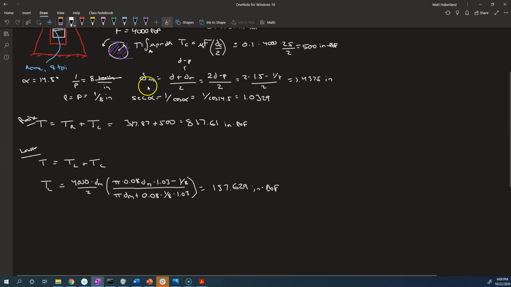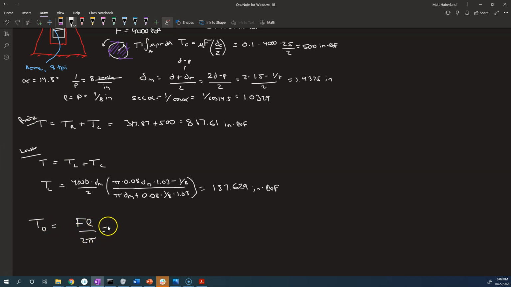So in our case, what is T naught? T naught is FL over 2 pi, which is 4,000 times the pitch of 1/8 inch over 2 pi. So if there weren't any friction, it would actually only take 79.58 inch-pounds in order to turn this thing.